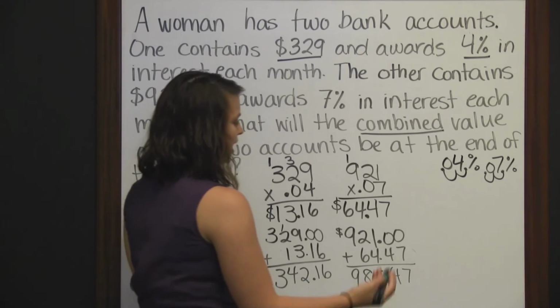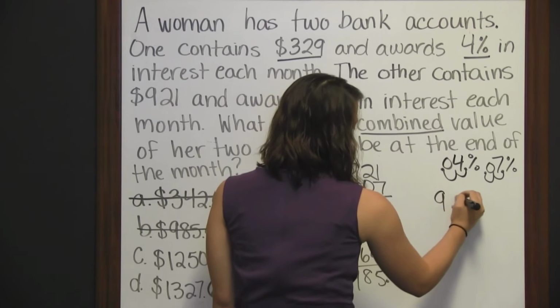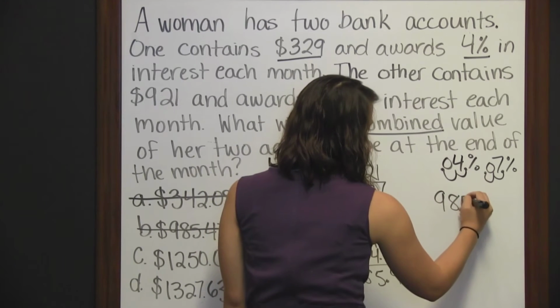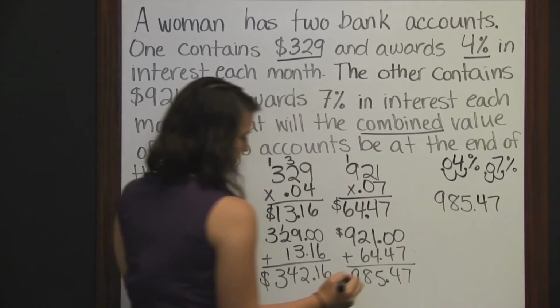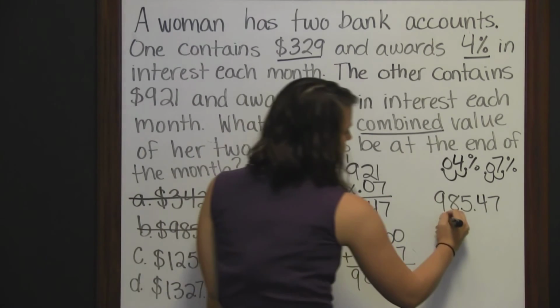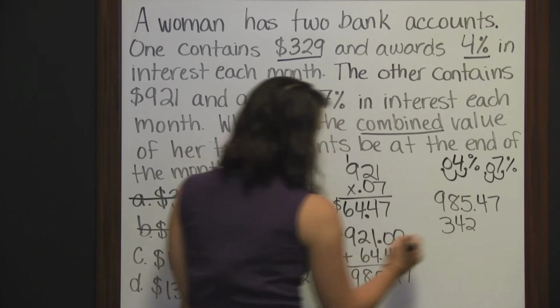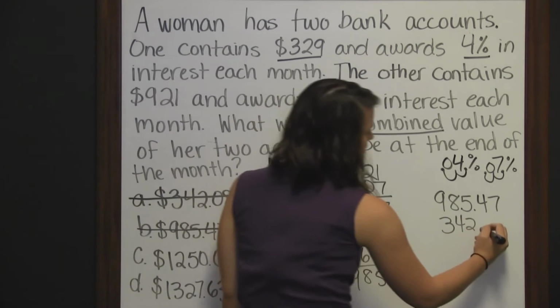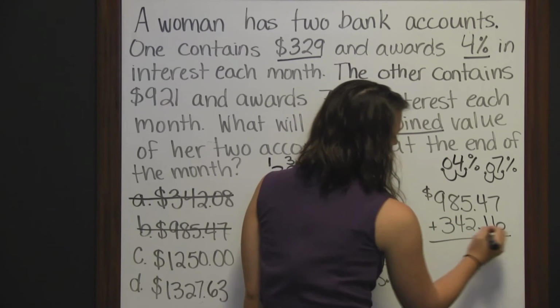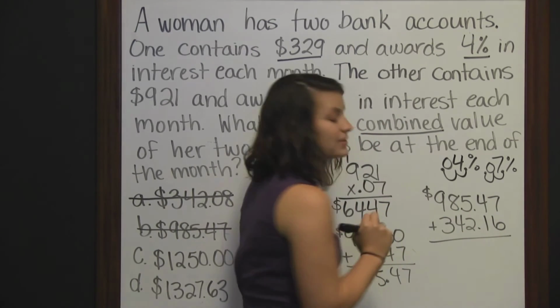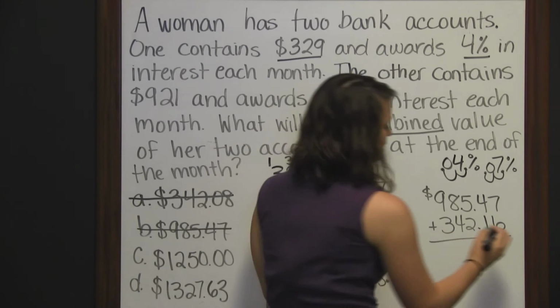So we have $985.47. And then we add to that the $342.16. Line up those decimals. 7 plus 6 is 13.